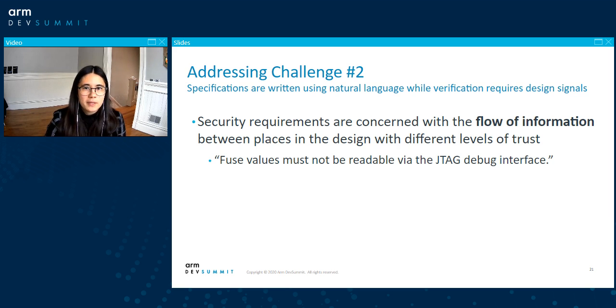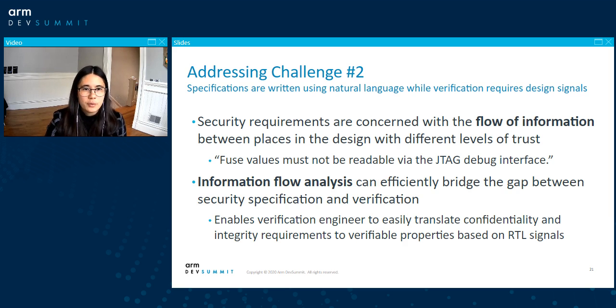Security requirements are always concerned with the flow of information between places in the design with different levels of trust. So information flow analysis is a very natural tool to apply to the problem of security because security requirements are centered around the concept of information flow.